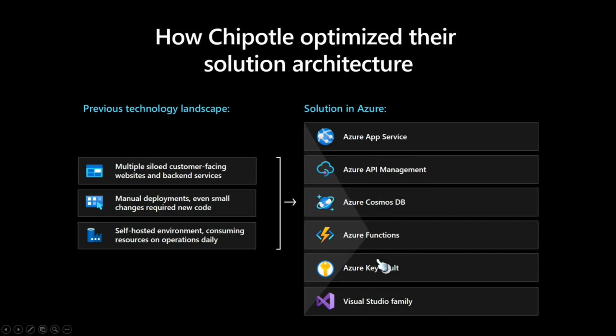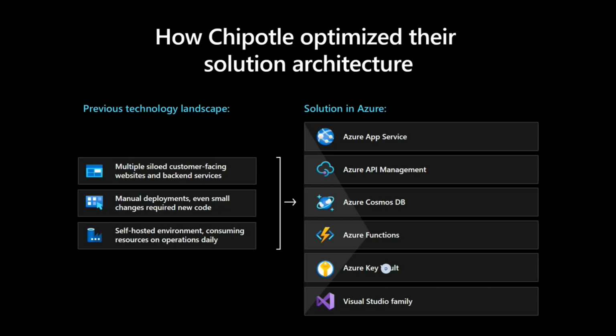So the key takeaway is that everything now is running in the cloud and on fully managed Azure services. Actually, Chipotle's technical team no longer needs to worry about the day-to-day operations, for example, the backups, the maintenance, the patching, and so on. That saves them a lot of time.